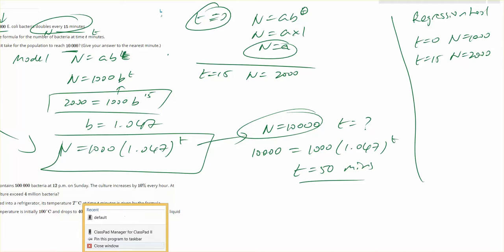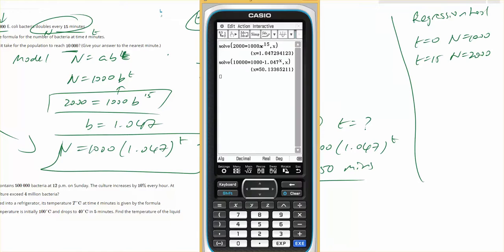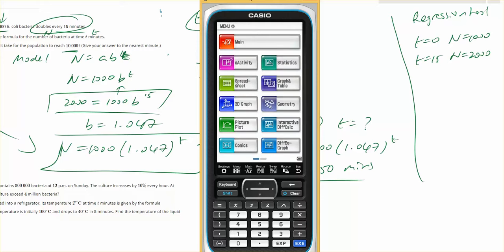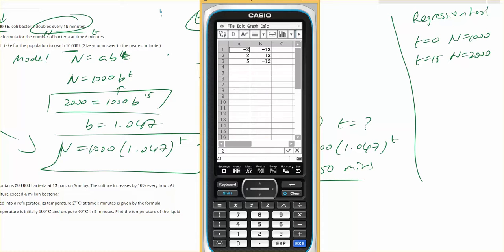So when I put this into my regression tool, I go Main, Spreadsheet, and enter my numbers: 0 and 1,000, then 15 and 2,000, and we'll delete the other entries.